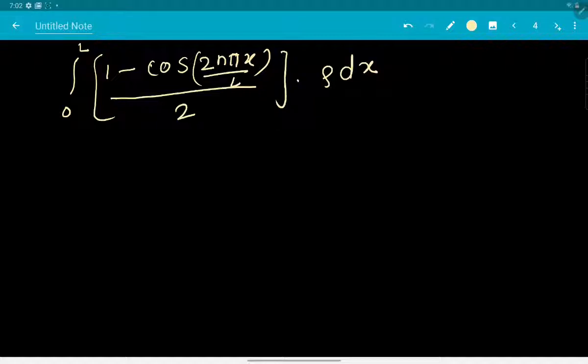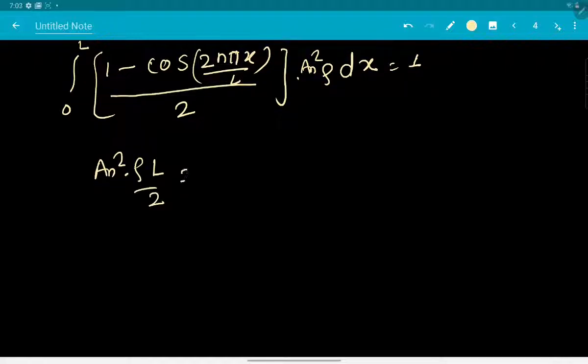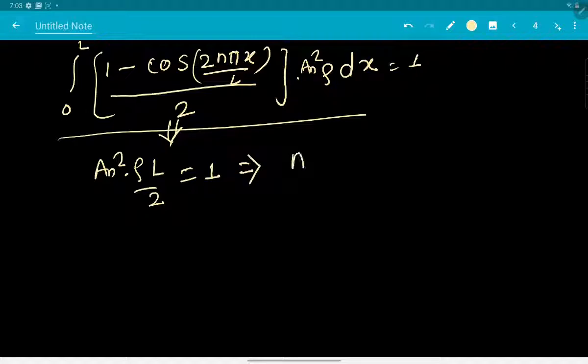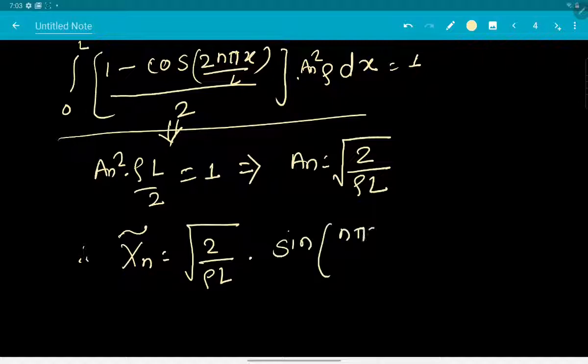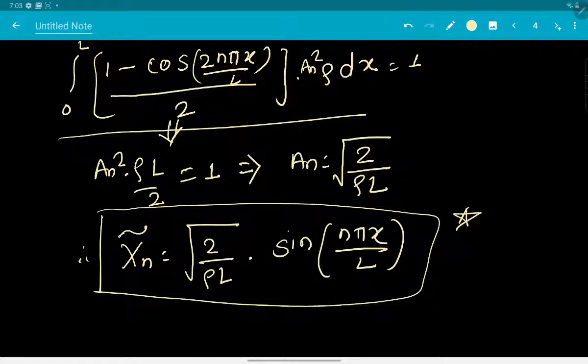That needs to be equal to 1, and if you carry out this integration, then you will be able to appreciate that the answer is an square times rho L by 2, and that needs to be equal to 1, which essentially tells you that an should be equal to square root of 2 over rho L. Therefore, your mass normalized mode shape will be square root of 2 over rho L into sine of n pi x over L. This is the expression of the mass normalized mode shape.